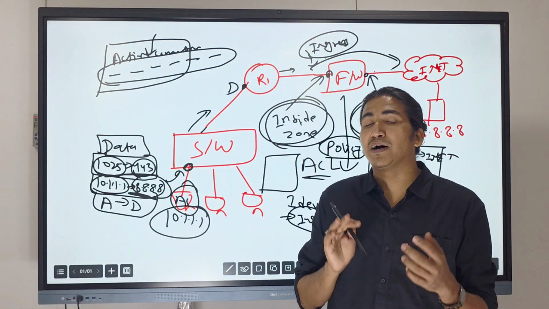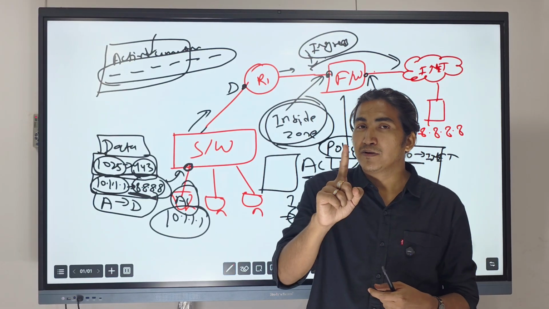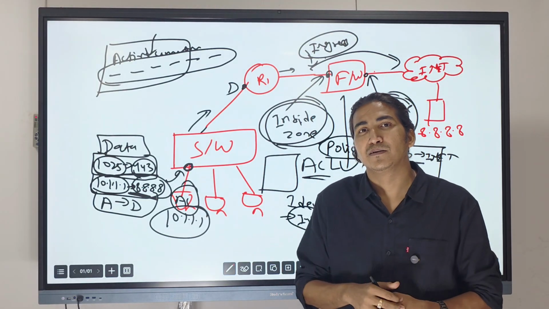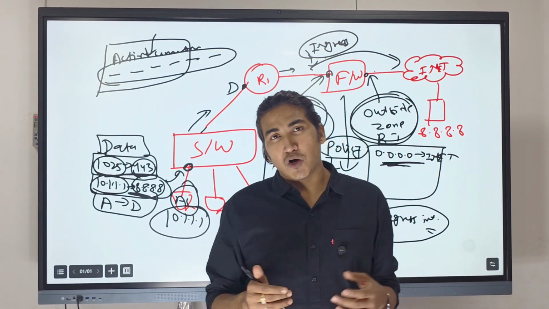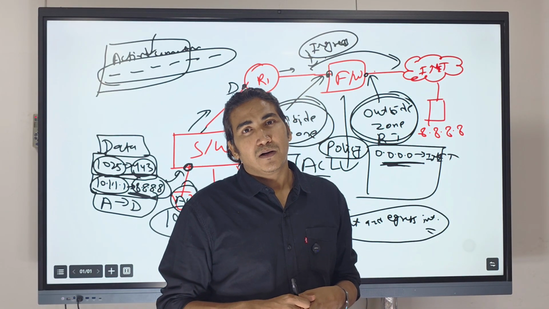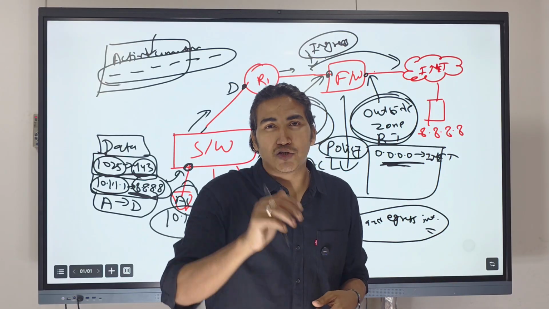This is the packet flow over the firewall. Identify the zone, first step. Which zone? Ingress zone. The receiving interface is in which zone? By looking into the routing table, identify the egress zone.